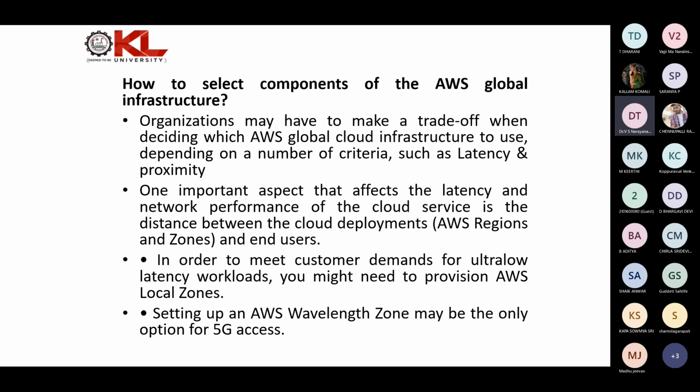That means the client's expectations, what type of service the client is going to provide, and which region of customers may be trying to attempt that particular service to get into. So all these matter while selecting the components of AWS global infrastructure.